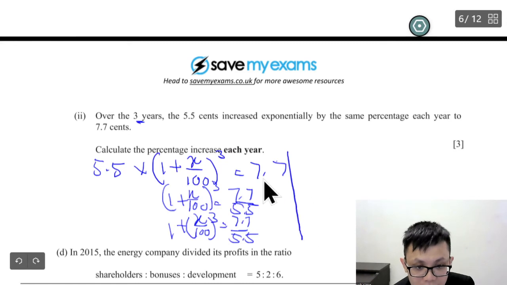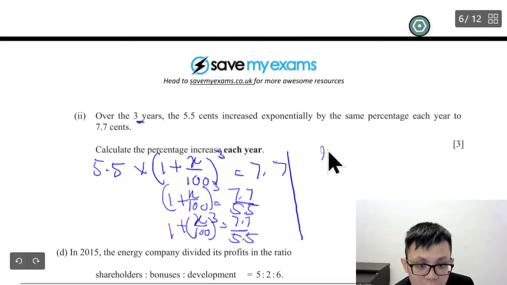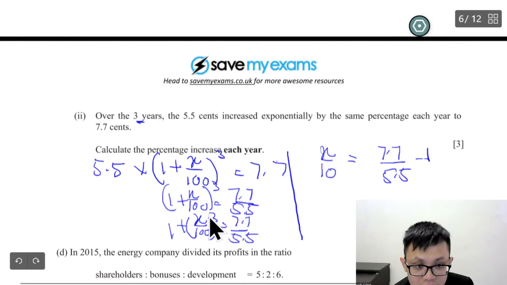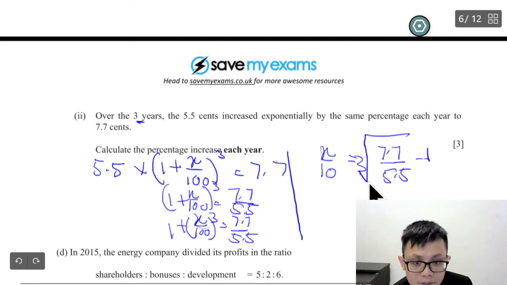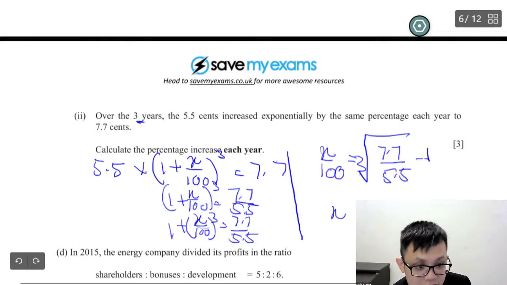Then the 1 I bring over, so x over 100 equals the cube root of 7.7 over 5.5, minus 1. Then x equals this whole thing times 100, correct or not?